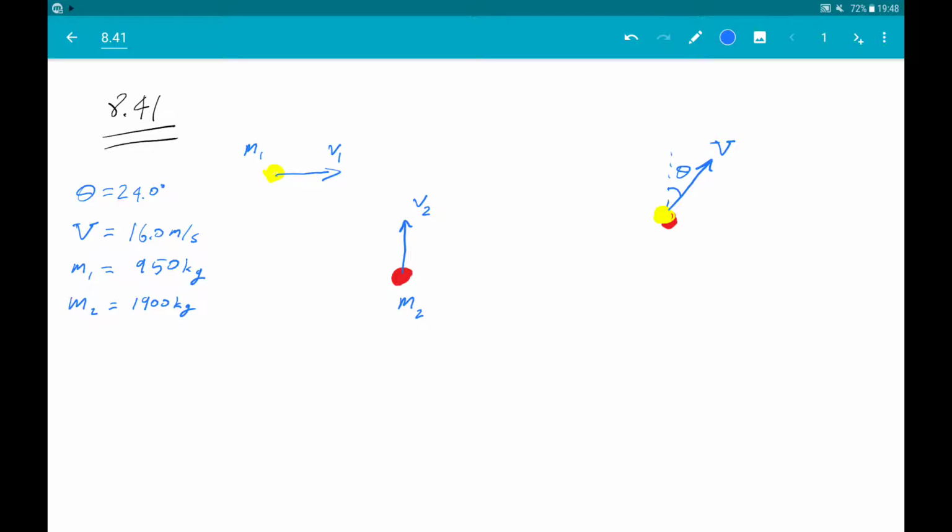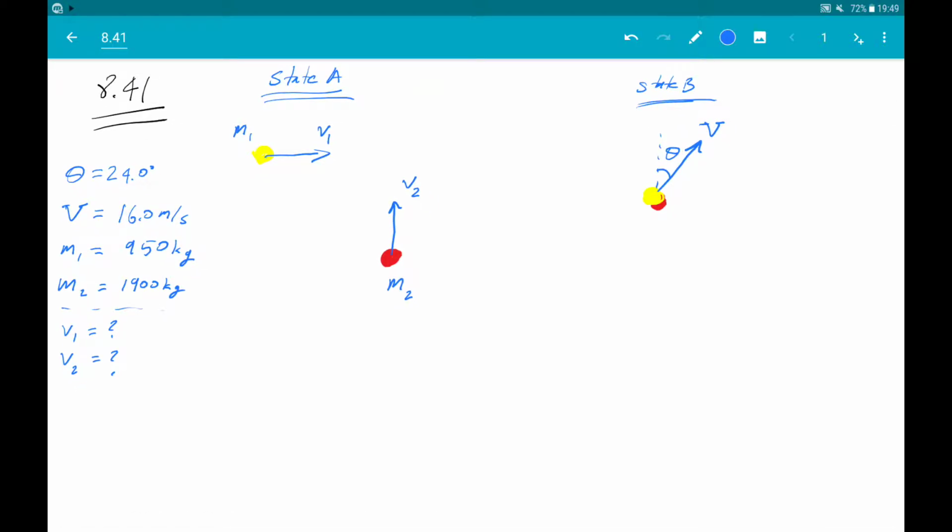The question is, what are the initial velocities of the truck and the car? Well, we'll call this state A, call this state B. State A, think of it as right before the collision. State B is right after the collision.